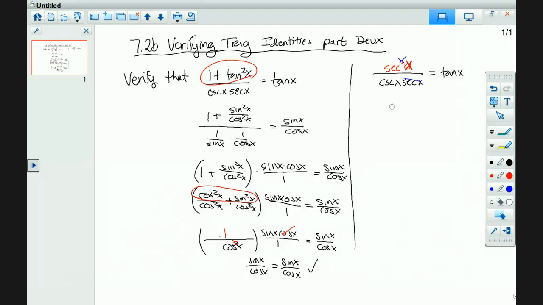So weird. Is that true? Yeah, it is true, but how do you know that? That's the question. Yeah, secant is 1 over cosine.